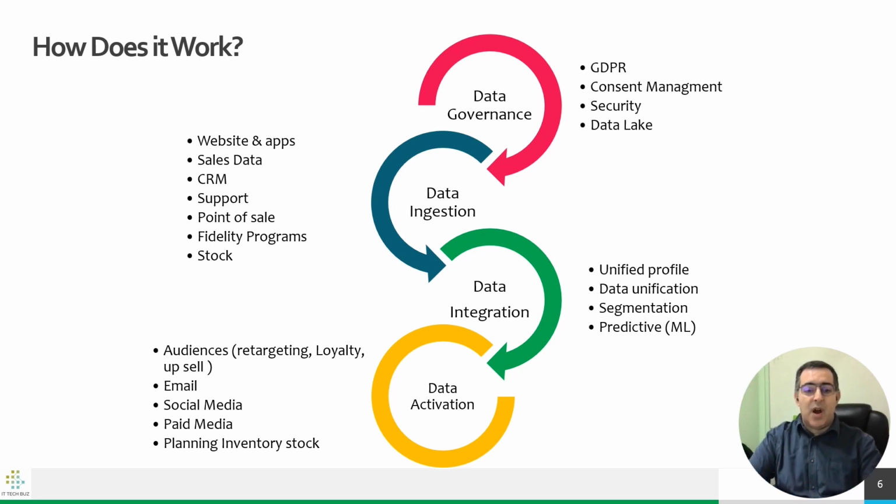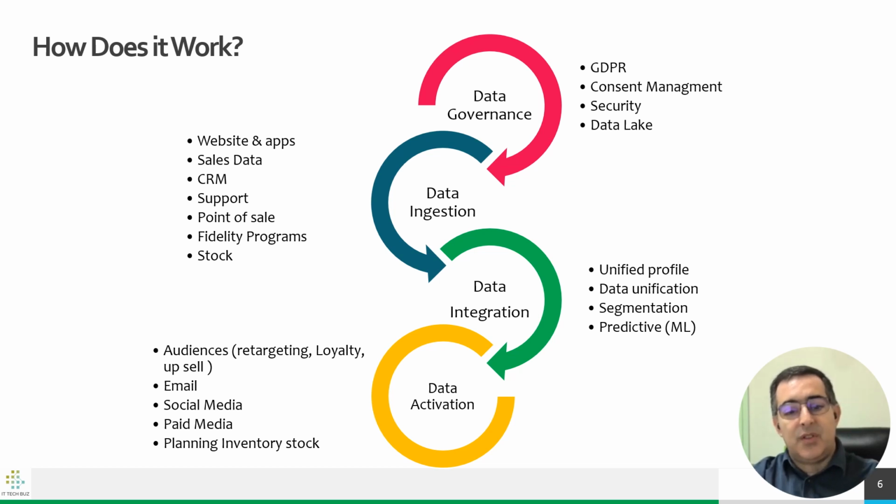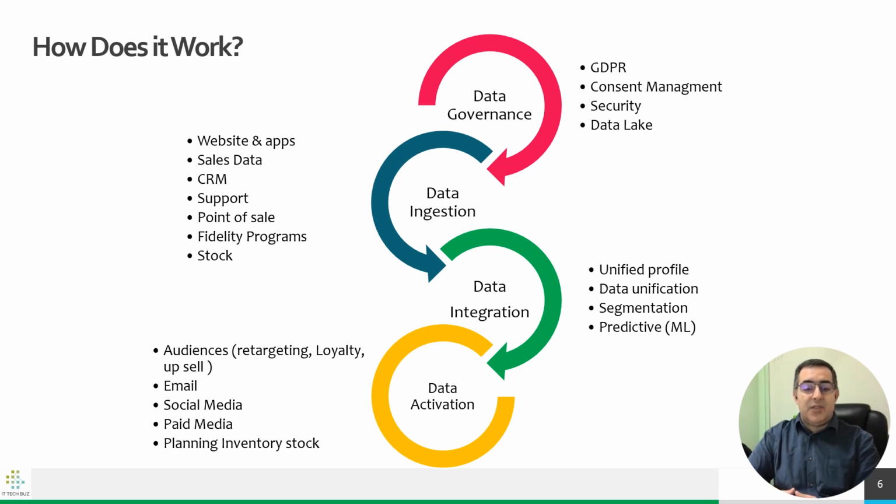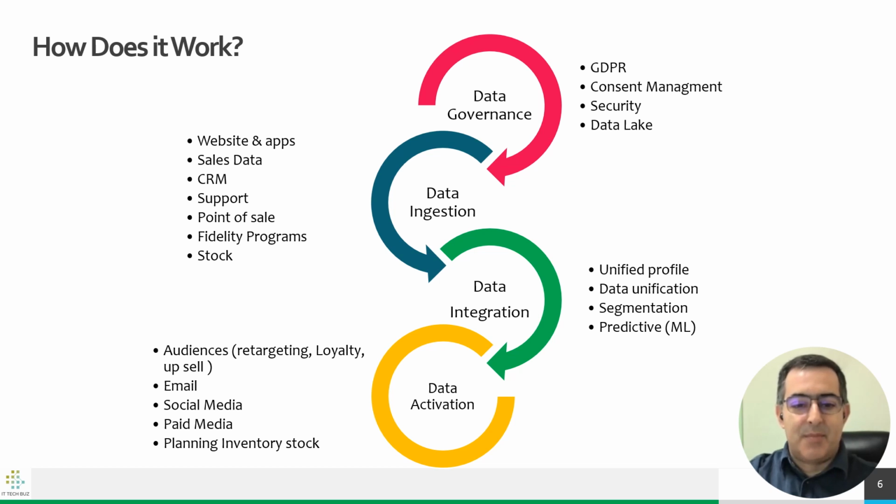So if we have our first party data together, we can use this for our audience, for retargeting, loyalty, upsell, and we can send direct emails with the specific order, with the specific interest, with personalization to your customer. Social media, paid media, and even planning inventory stock for the high seasons of your sales, it's very important.